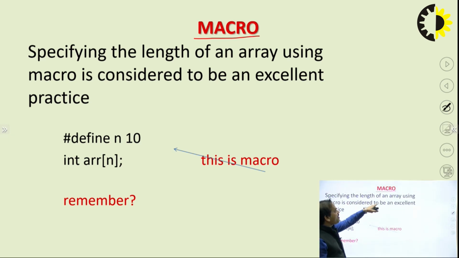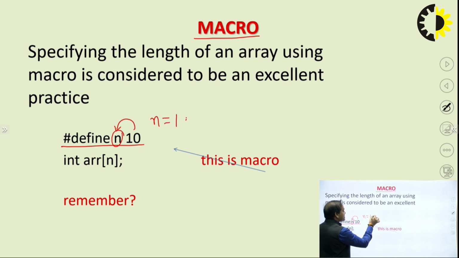Specifying the length of an array using a macro is considered an excellent practice. This is good practice in terms of programming. We write #define N 10. That means N is a variable whose value is set to 10.